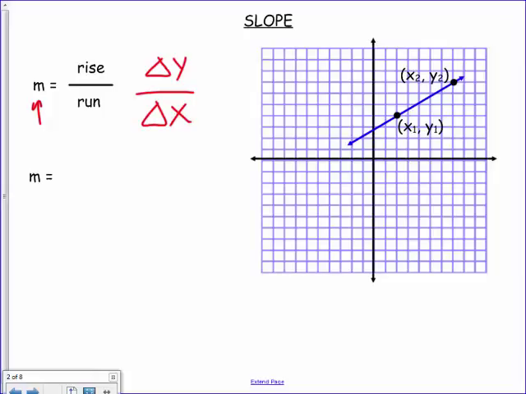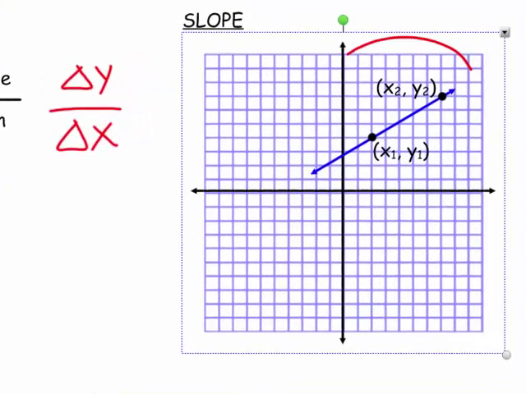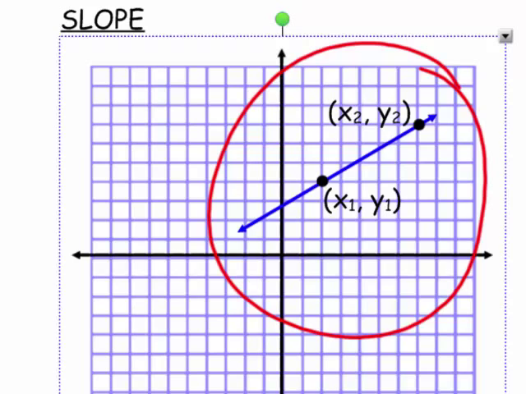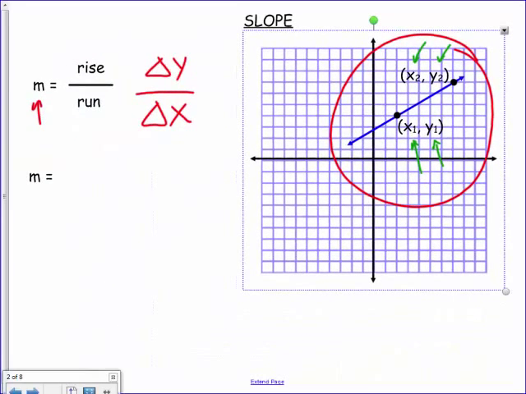Well, if I wanted to actually find this slope, I need to know 2 points on the line. So over here I have 2 points on this line. The one I just called point 1, x1, y1. And the other one I called point 2, x2, y2. If I wanted to find the slope, I would find the change in the y's first.